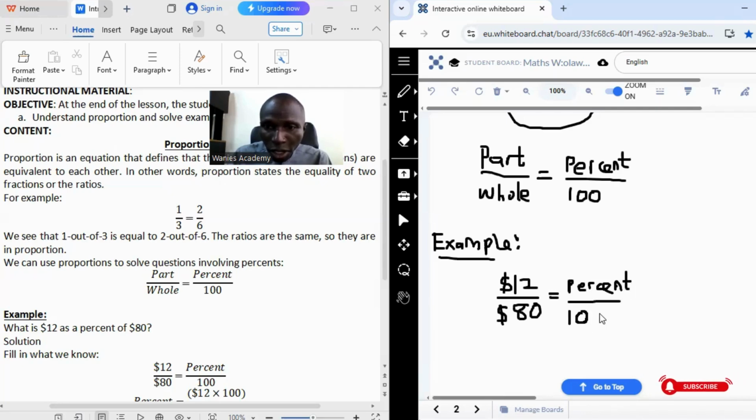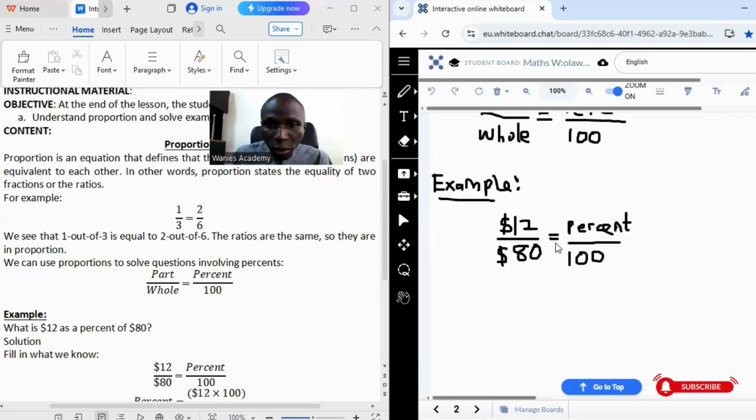So what we have to do here is to cross multiply. We have percent multiplied by $80 equals $12 multiplied by 100.